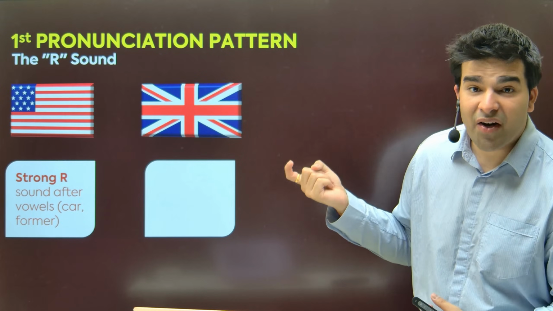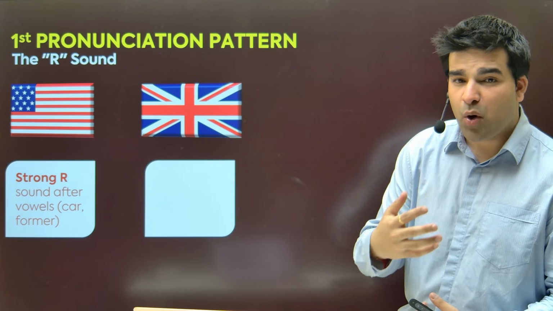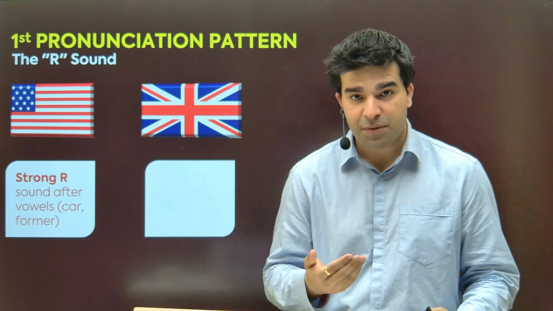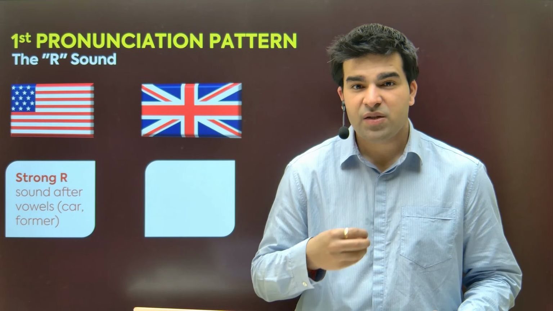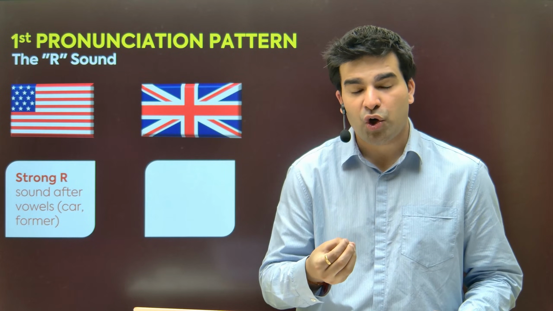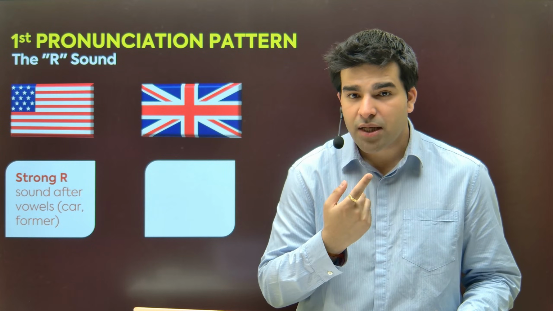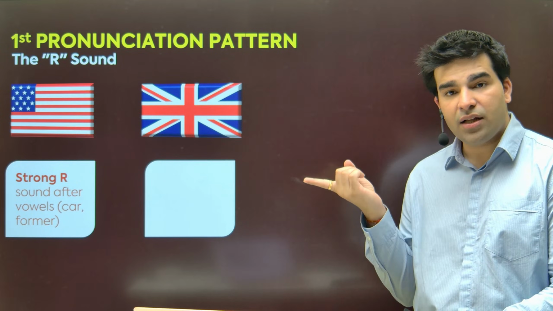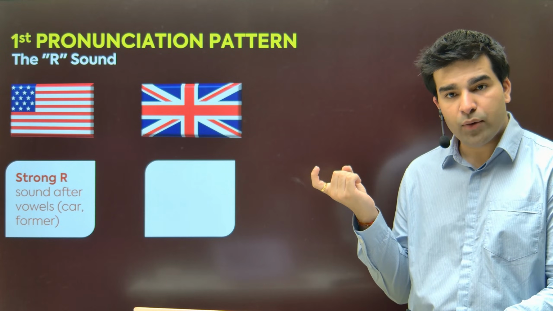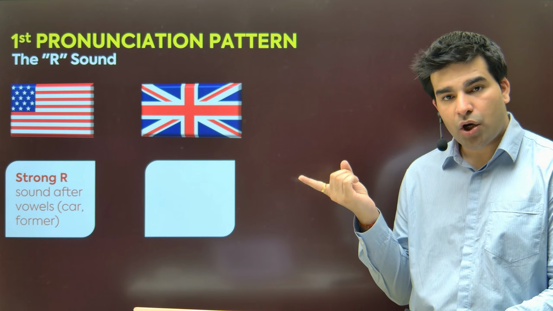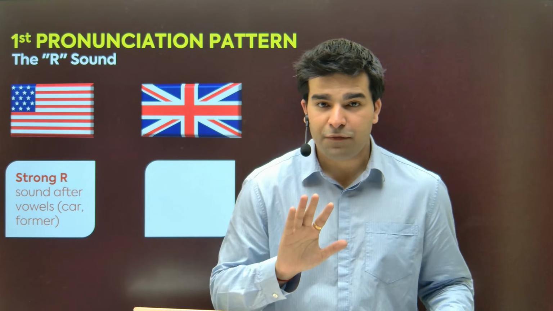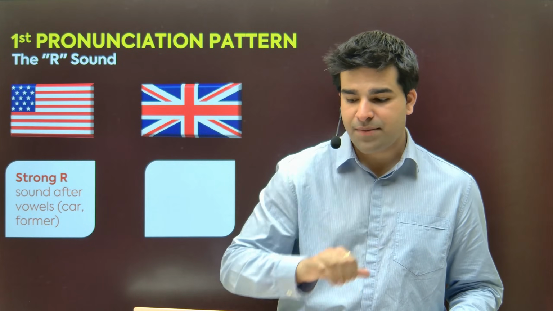When you say the American R, repeat after me. So it's a strong R. You make a pout, and then you roll the tongue in your mouth like this. If you've understood this, show me a big thumbs up.